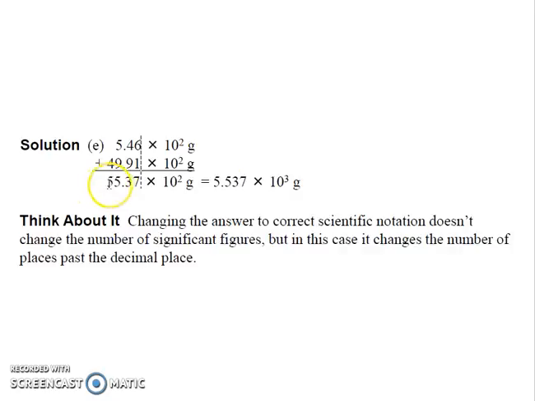So while this is correct with your 2 digits after the decimal place, usually scientific notation does move that decimal. So then when that decimal is moved over 1 place, this becomes 10 to the 3. The significant figures were determined from this initial answer. So when you move the decimal place, you will not change any of the digits, even though this does become 537 after the decimal.